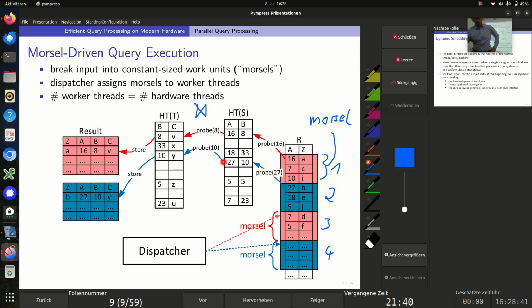And then we have a query plan, and we have a join. And the idea is, we have a pipeline, and R is part of the pipeline. So here, in the pipeline, one side is R and the other side is S.